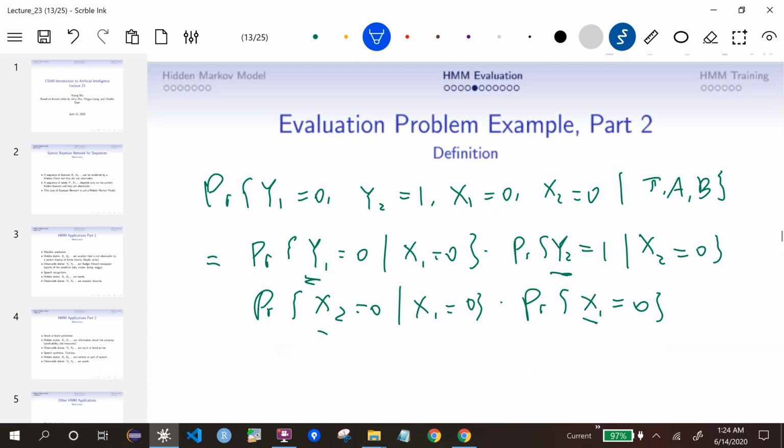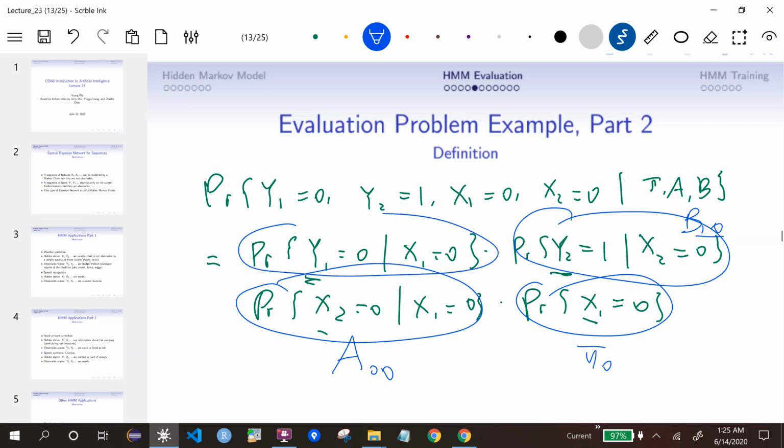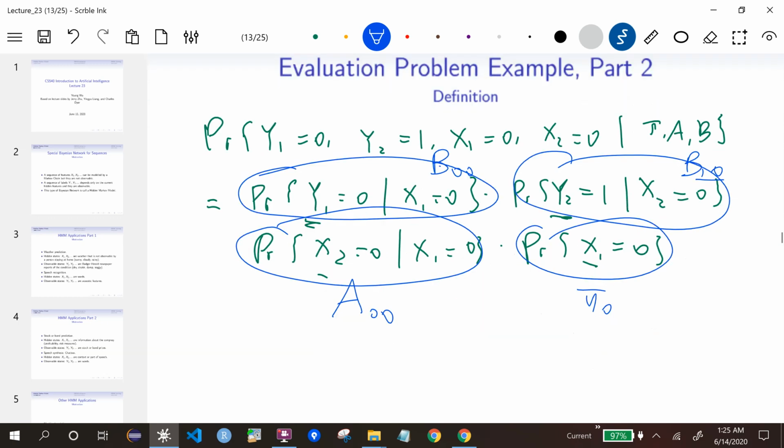Basically, this is deconstructing this probability into 4 parts, each variable given the parent. Note that we have all of these from the conditional probability table. Again, a review of last lecture. This one is called pi 0. This one is called A00, so 0 transitioning to 0. This one is called B10. Now you see why I'm ordering it like this. And this one is B00. So that's basically 2 of the B's, 1 A, and 1 pi.